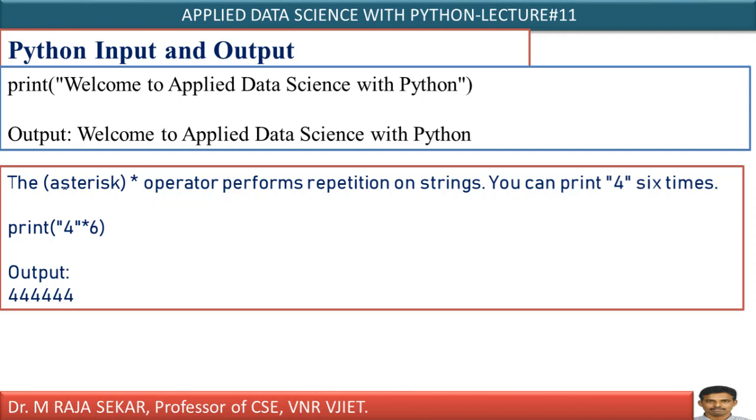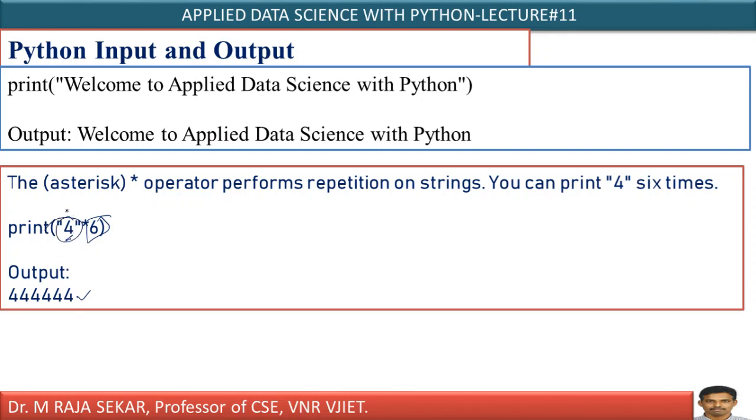This asterisk operator performs repetition on a string. For example, here which one is the string? If I keep something in double quotes, that is a string. Anyway, there is a separate lecture on strings, and I will discuss strings in detail then. For the time being, just understand: with the string and star 6, the string will get displayed 6 times in the output screen.